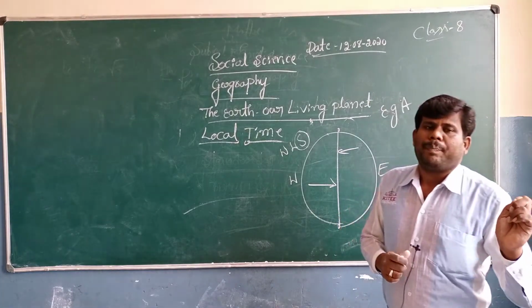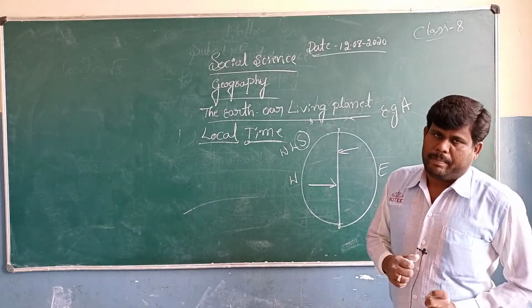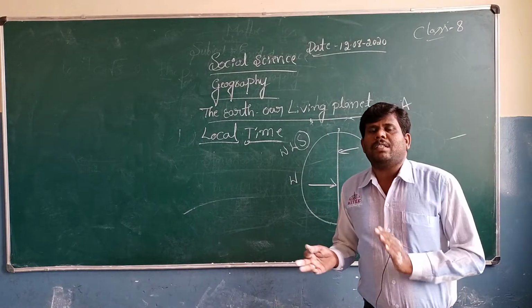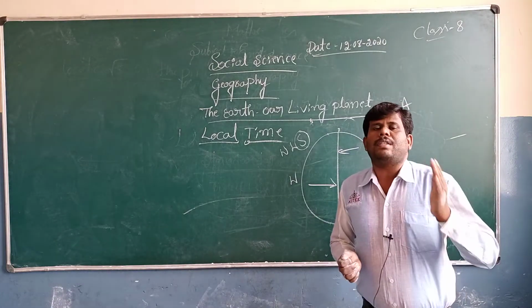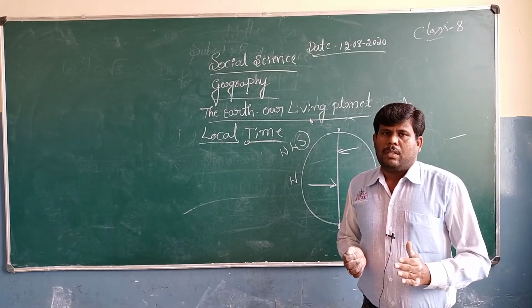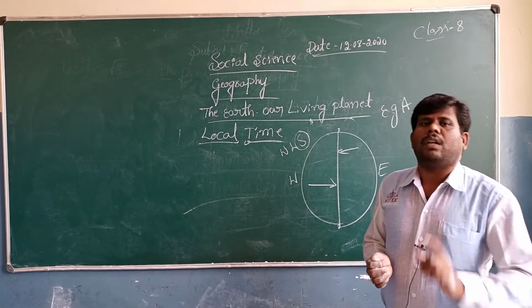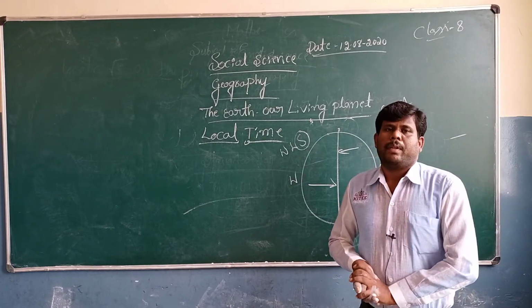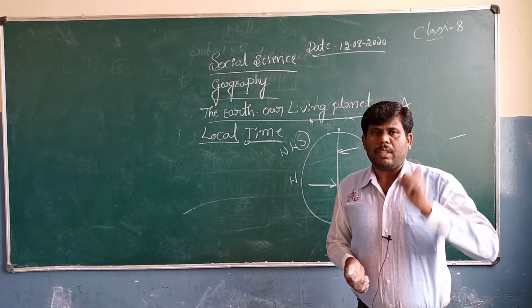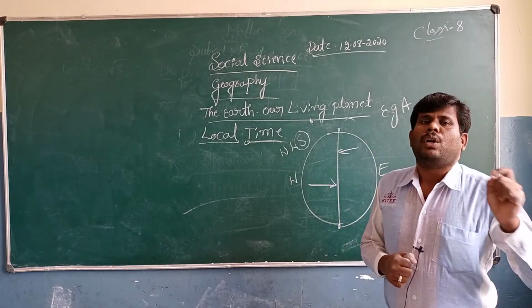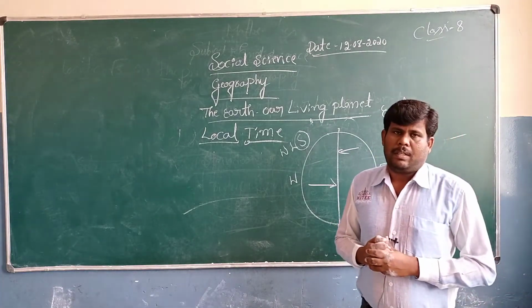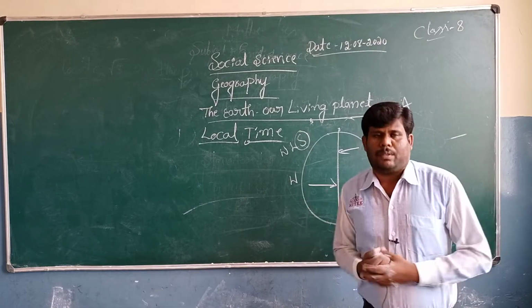And next, local time. Local time means time according to the sun. According to the position of the sun at that place is called local time. The local time is on the local meridian. There was a lot of confusion.